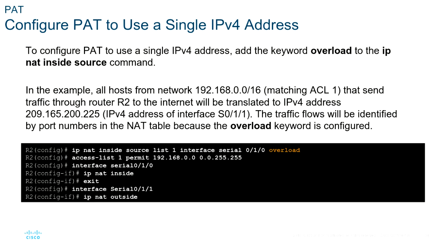So we're going to do code very similar to what we did before. The difference is the orange word overload. That's going to tell port address translation to use a single IP address to the outside world, like you have at home, and have multiple inside hosts work with that.